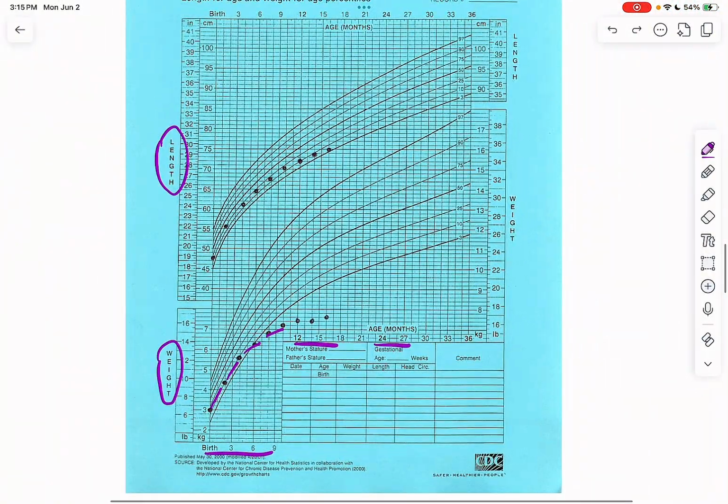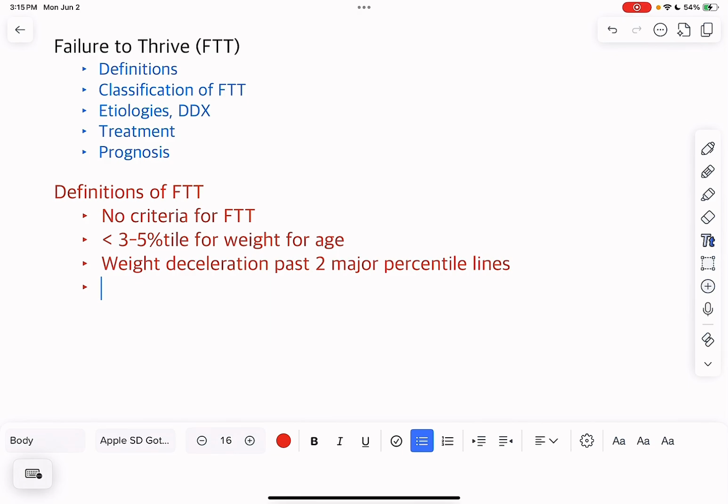And maybe I'll make a video in the future about growth charts, how we take those into consideration for a child. One thing I forgot to mention as far as definitions of failure to thrive, there are different growth curves for children with Down syndrome, as well as cystic fibrosis, I believe.